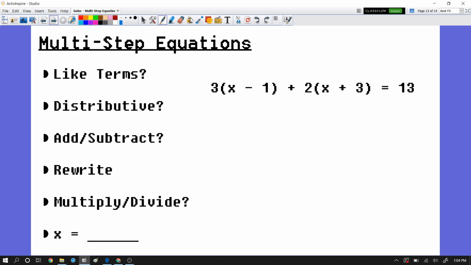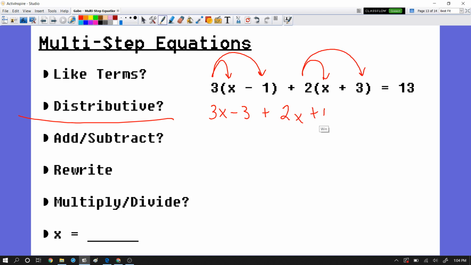So there are two sets of distributive here, and then you're going to end up combining the like terms. Go ahead, give it a shot. 3 times x is 3x. 3 times negative 1 is negative 3. 2 times x is 2x. 2 times positive 3 is 6.